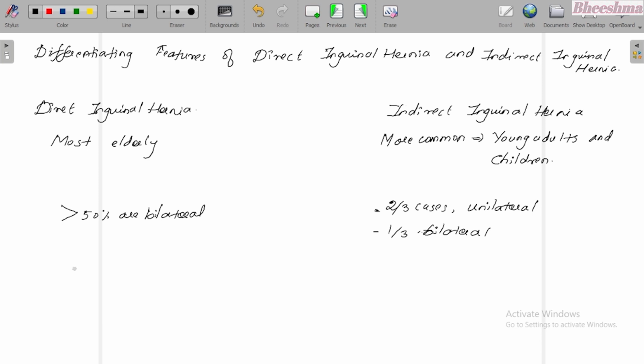In direct inguinal hernia the shape is spherical, and in indirect the shape is piriform or oval.